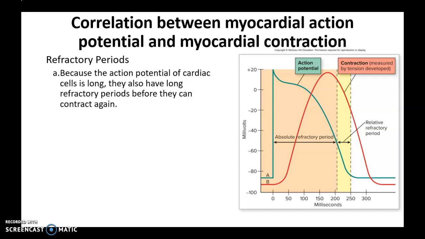So the contraction of myocardial cells is long, and also the action potentials are long. And since the action potentials are long, the absolute refractory period is also long. It lasts for about 200 to 300 milliseconds, which is a lot as compared to skeletal muscles, if you remember.